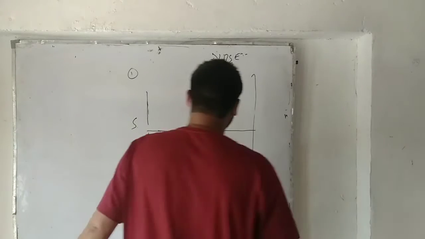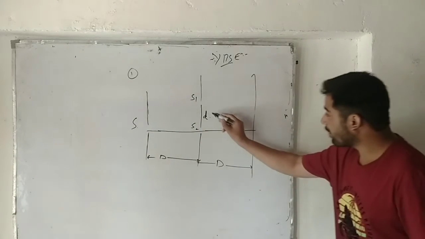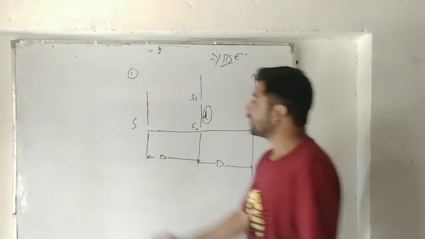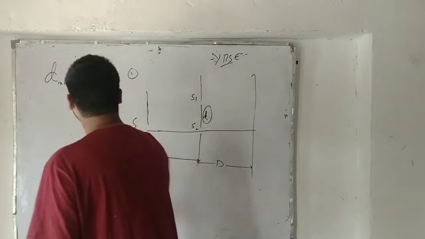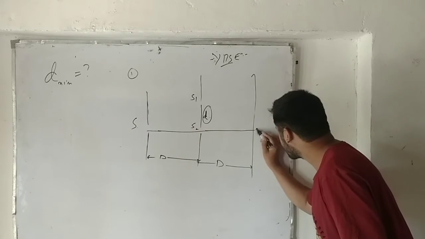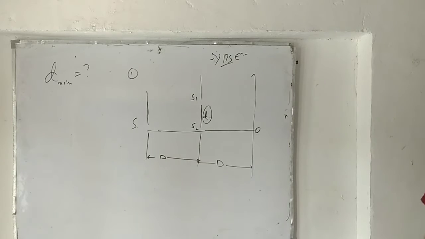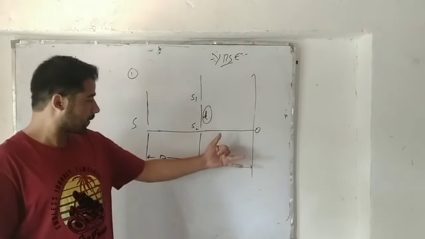The question asks me to calculate for what minimum value of this d the fringe that appears at point O on the screen is dark.